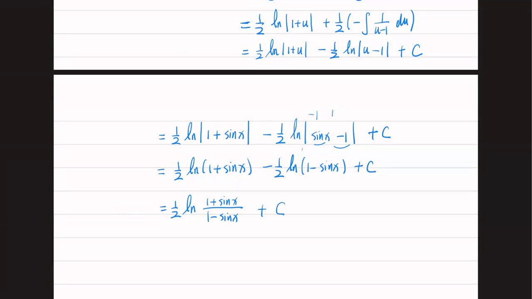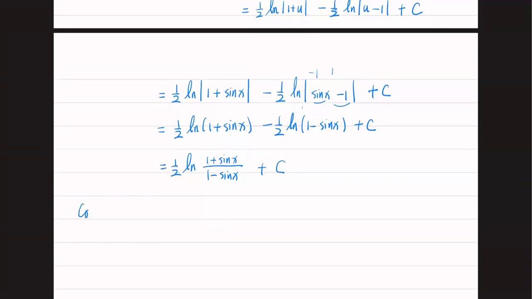And we compare it with the formula from section 7.2, the trig integrals, where we obtained a formula for this.